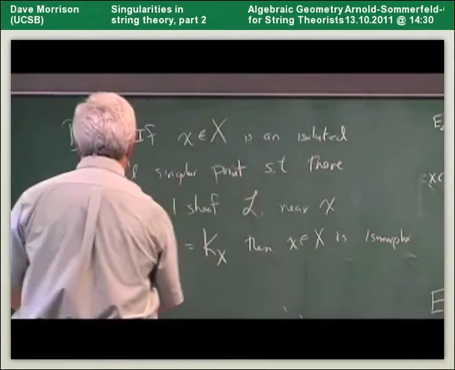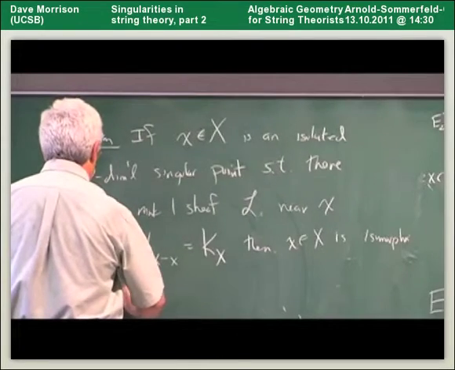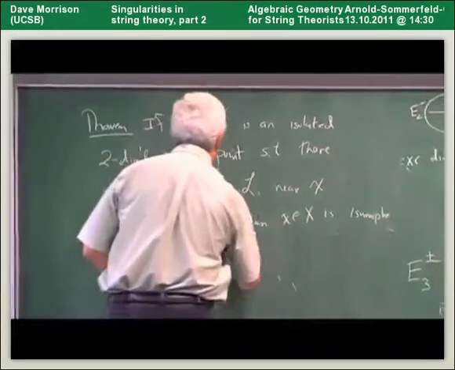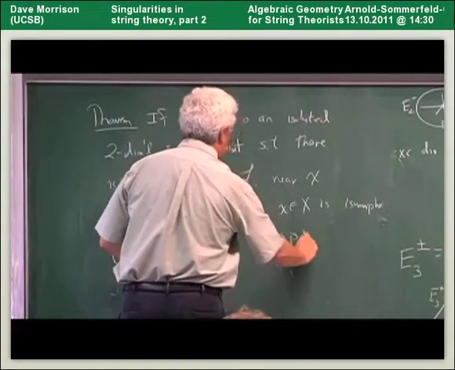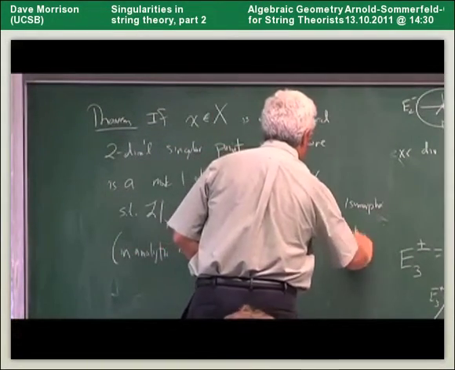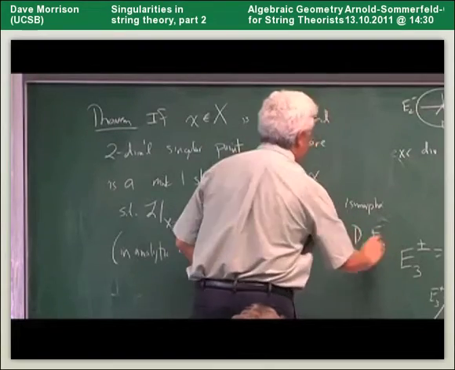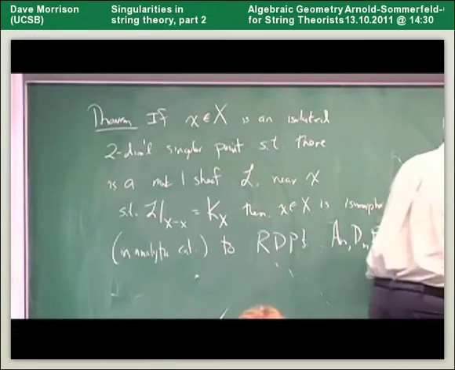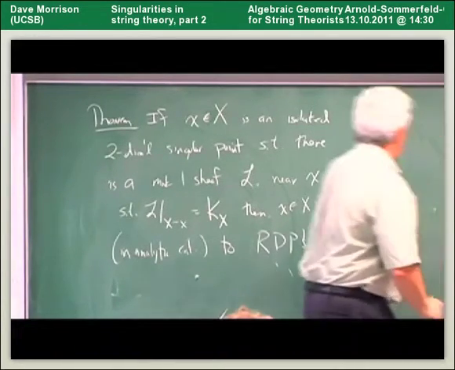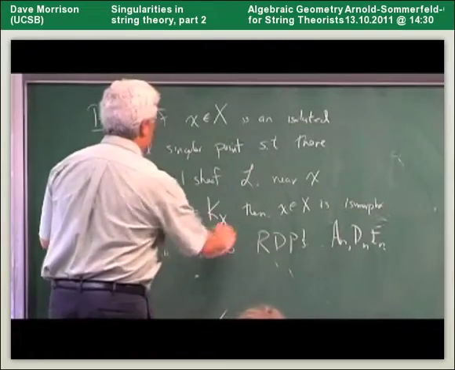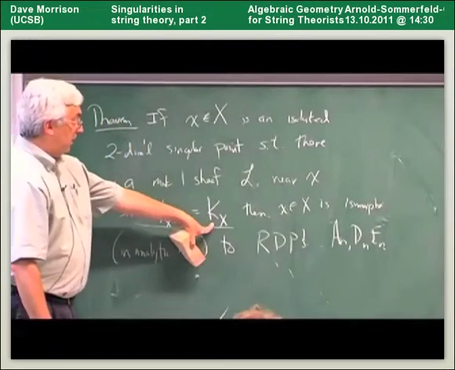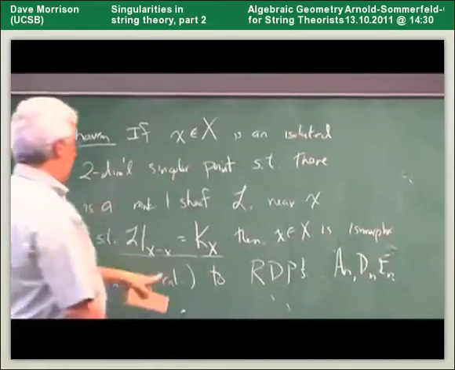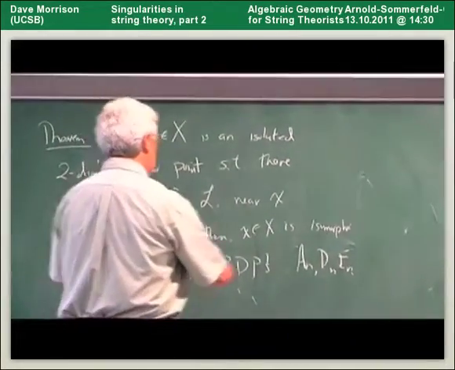well, isomorphic maybe in the analytic category, so after analytic change of coordinates, to one of these rational double points that we're discussing, in other words, A_n, D_n, or E_n, E6, E7, E8. So although I started out with orbifold singularities, this condition says that the canonical bundle of the surface is behaving well near the point. Sorry, one more condition.